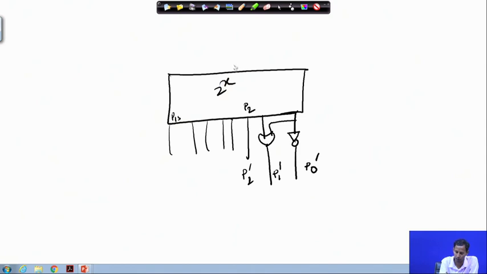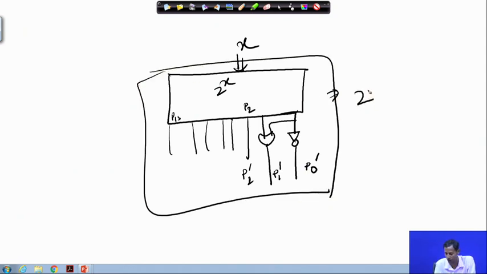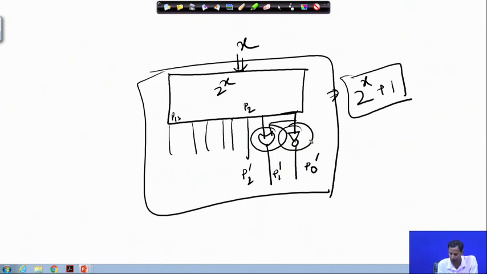This is the 2 to the power x function, this is x. So, this circuit is basically nothing but your 2 to the power x plus 1. So, only in these 2 particular bit positions do I have the change to make it 2 to the power x plus 1.